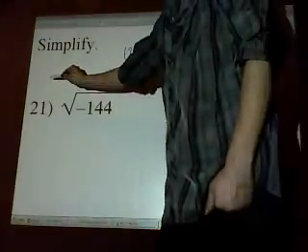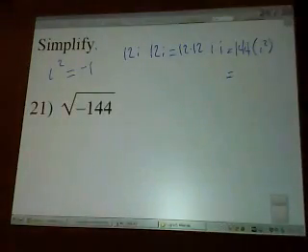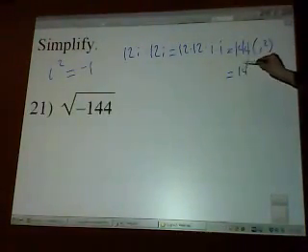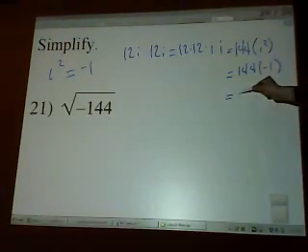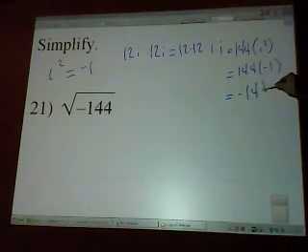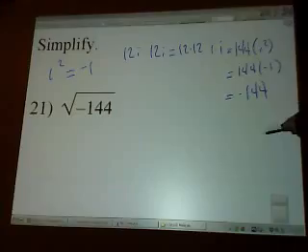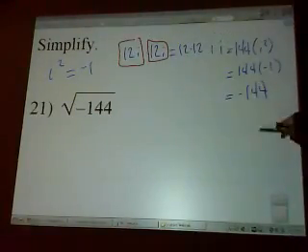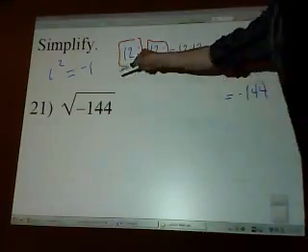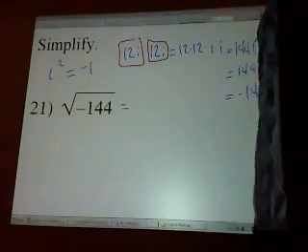But what's our definition of i squared? i squared equals negative 1. So this equals 144 times negative 1, which is just negative 144. So we know we have one of the square roots: if I multiply 12i times itself, I get negative 144. That's why 12i is one of them.